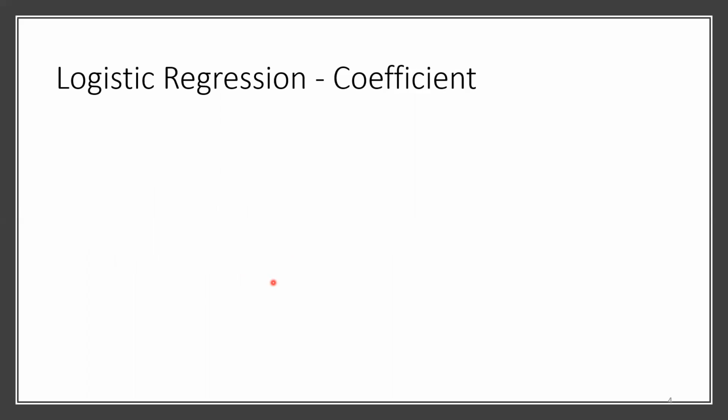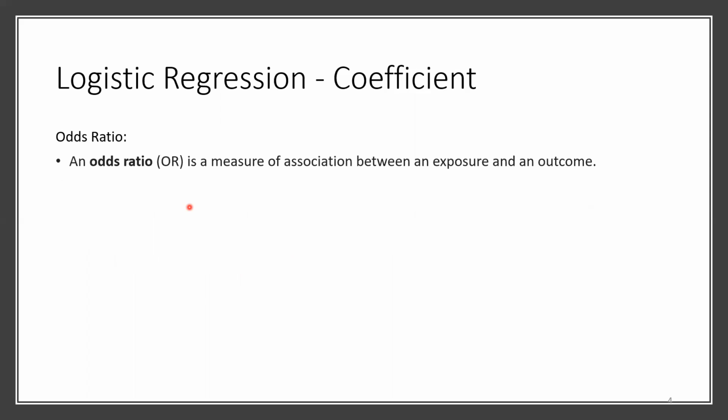In linear regression, we worked with the mean of the variable. In logistic regression, we work with the coefficient as an odds ratio, which is a measure of association between the exposure and outcome variable.